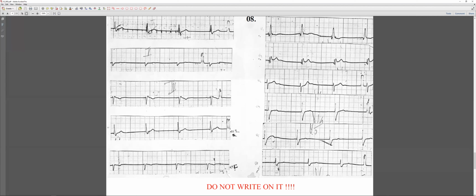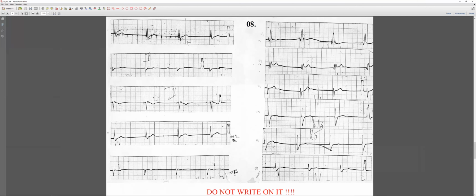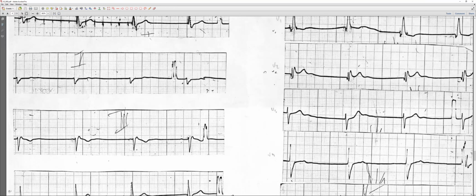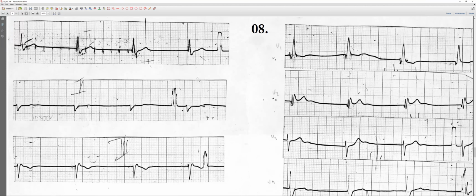The QRS complex. Do you have P waves? No, there are no P waves. What does it mean if there is no P? Atrial fibrillation? That is rhythmic, not arrhythmic.